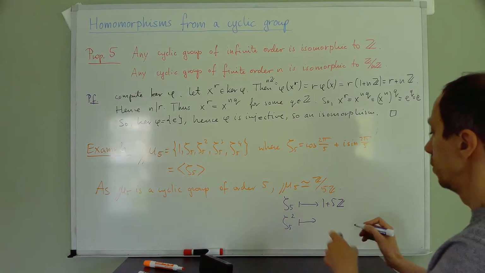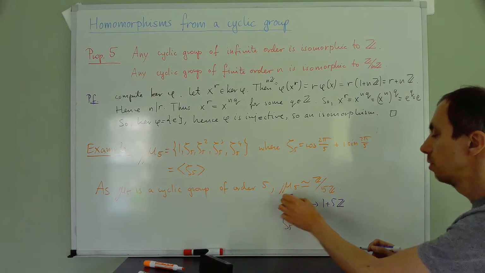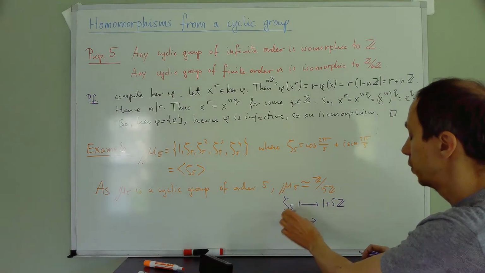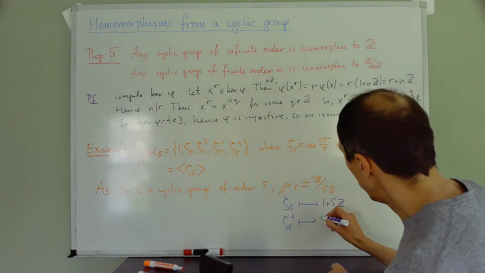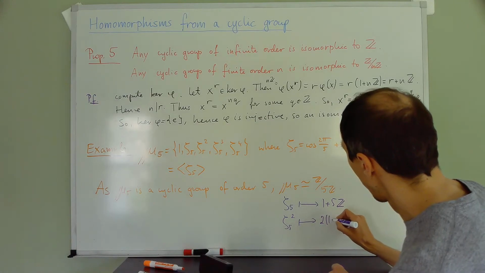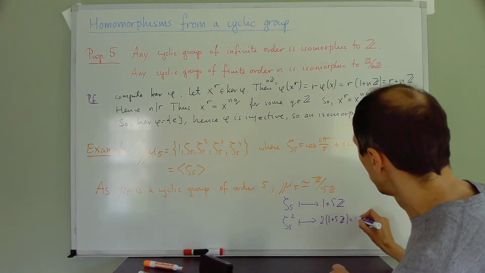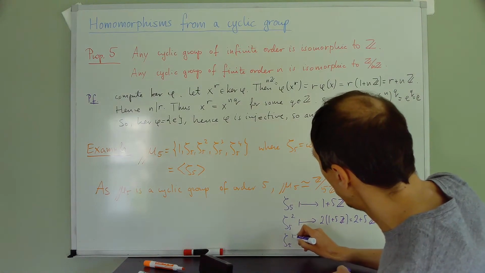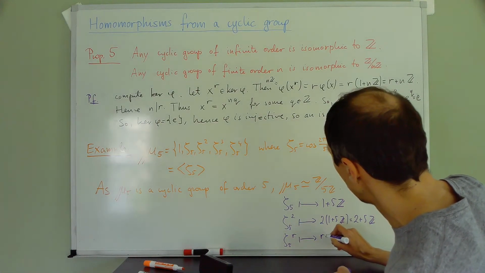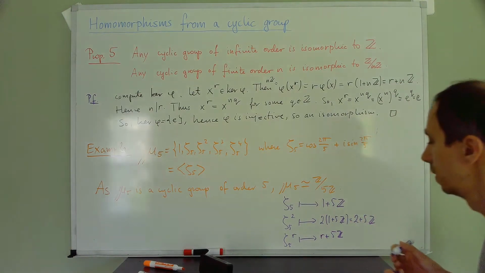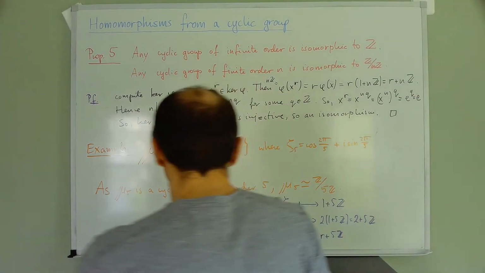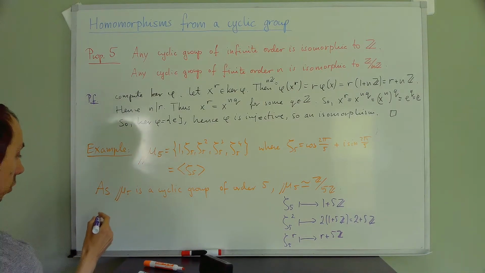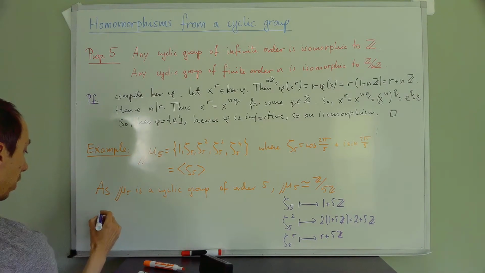Well, remember, where you send a generator of a cyclic group determines the homomorphism, so zeta 5 squared is going to go to twice the generator, so 2 plus 5Z. And so on. Zeta 5 to the r is going to go to r plus 5Z.